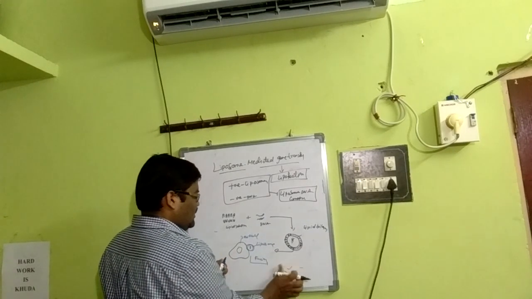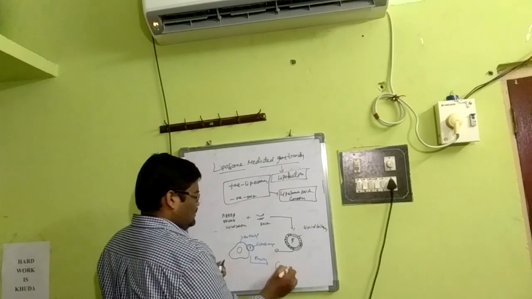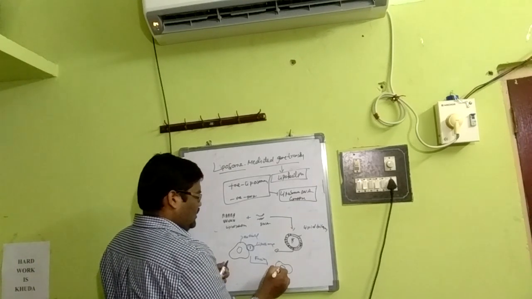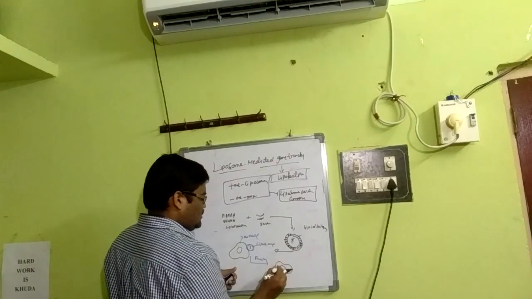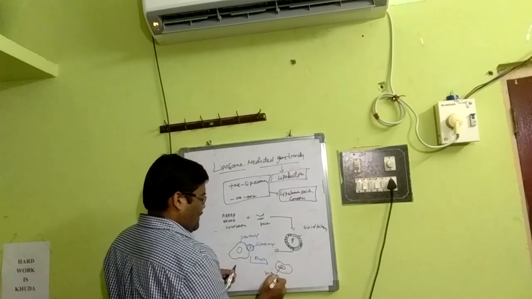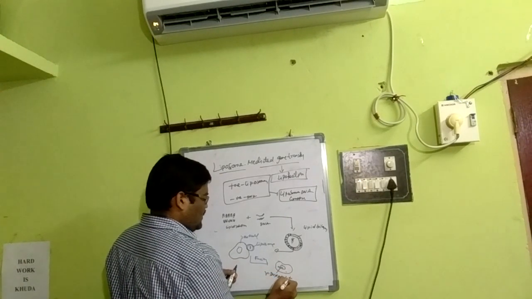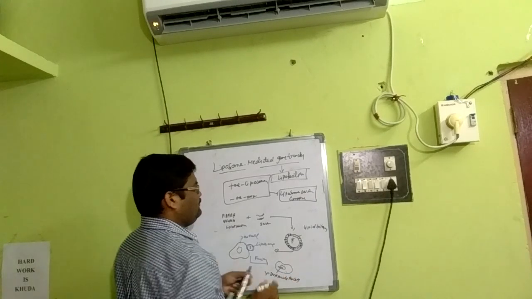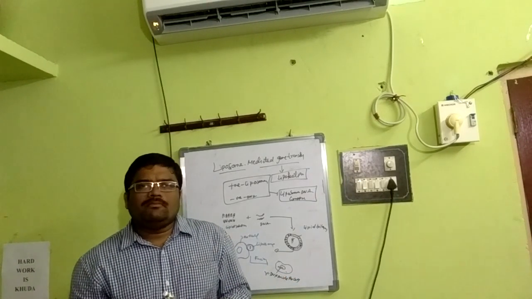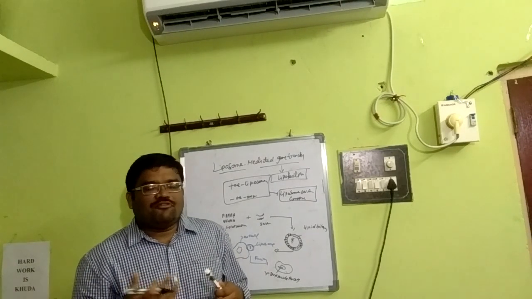Then they discharge the contents inside the cell. Eventually the DNA makes it to the nucleus, or DNA inside the cell. This is the basic mechanism of liposome mediated gene transfer, which we call lipofection.